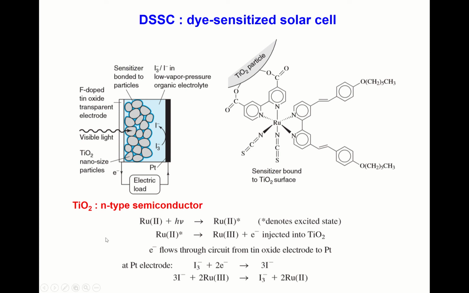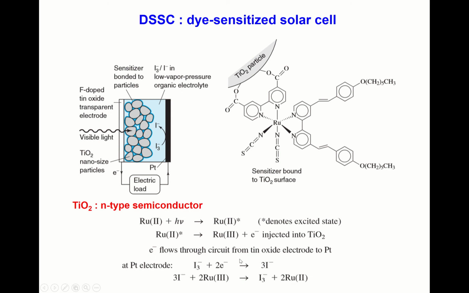Okay, at the platinum electrode, as I said, this triiodide reacts with electrons and is reduced to iodide, and then this iodide reacts with the ruthenium trivalent species, and it makes triiodide again and ruthenium divalent.